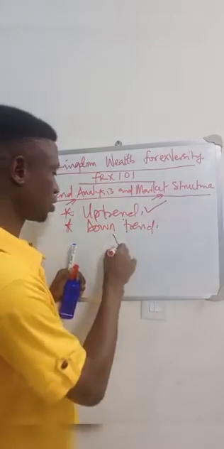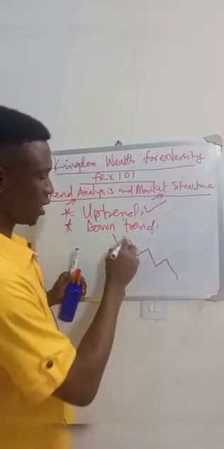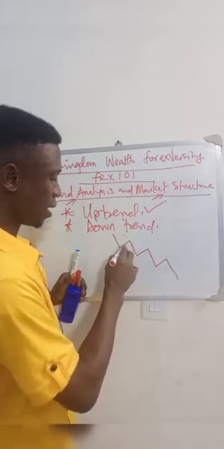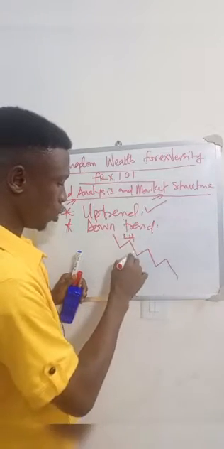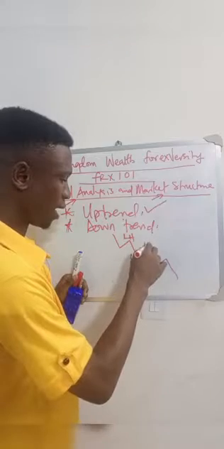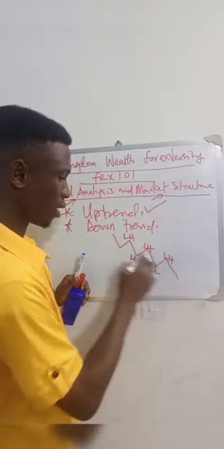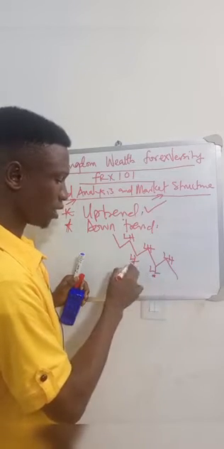A downtrend consists of what? It keeps going down like this. This is a lower high, lower low, lower high, lower low, lower high. This low is lower than this low, like that.